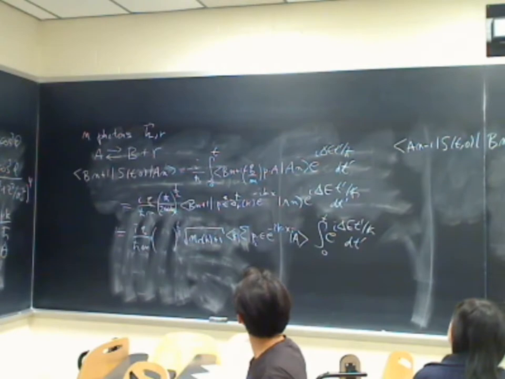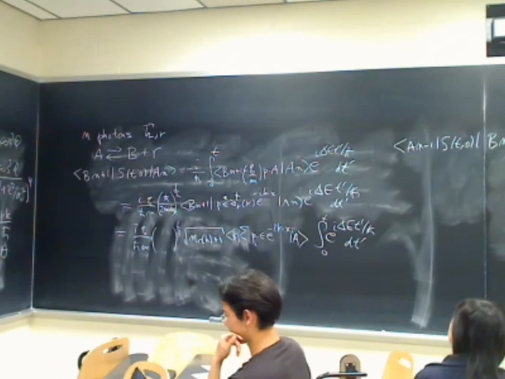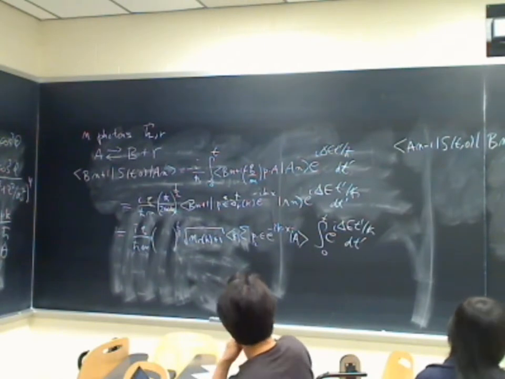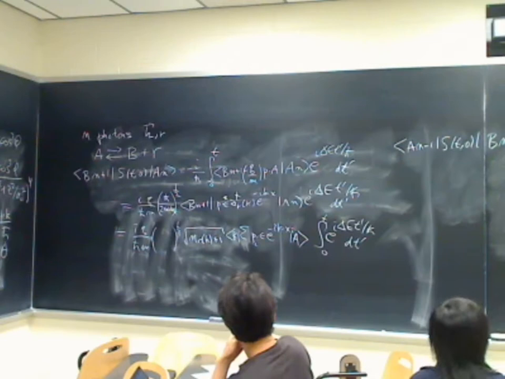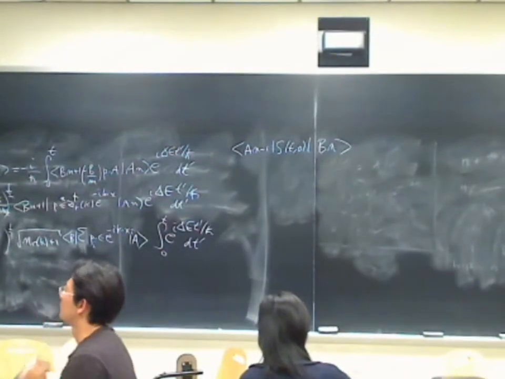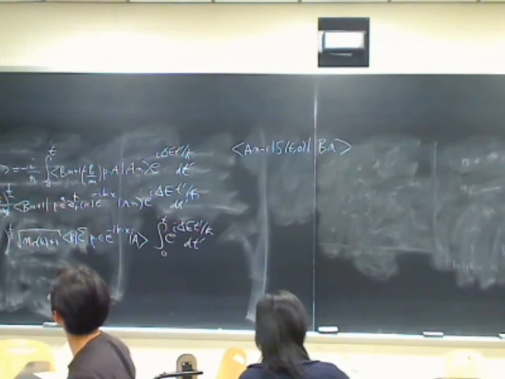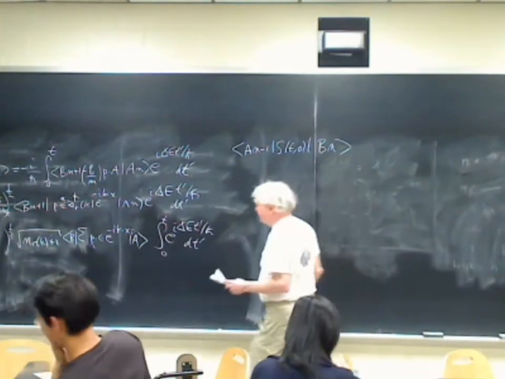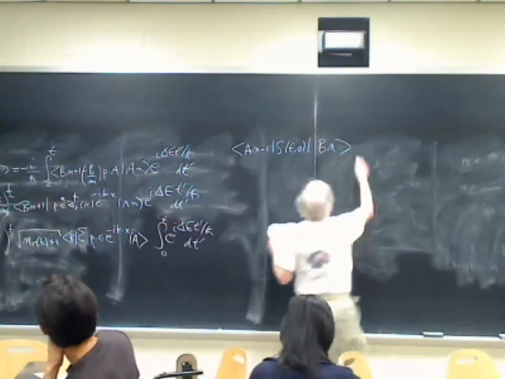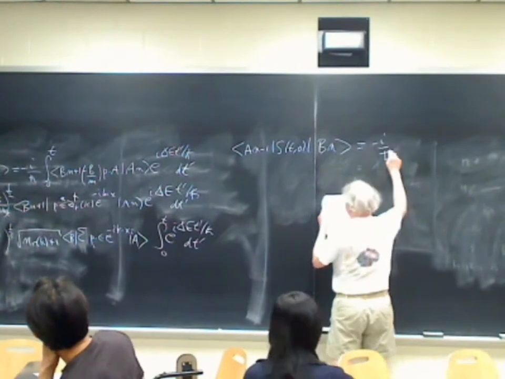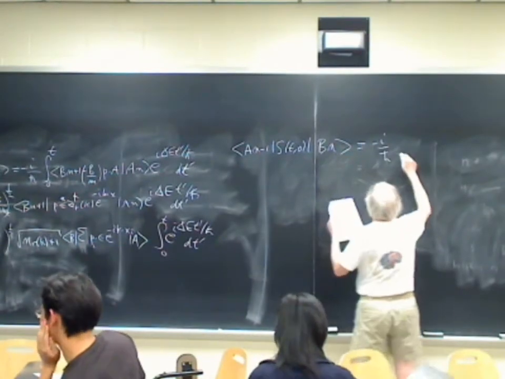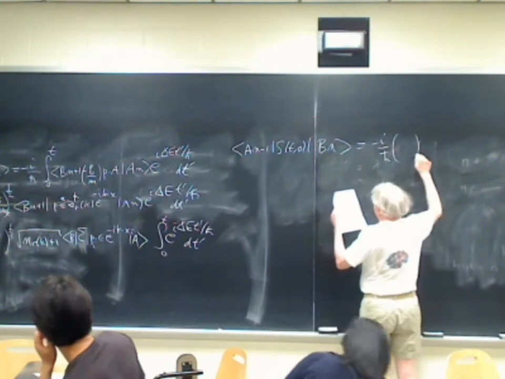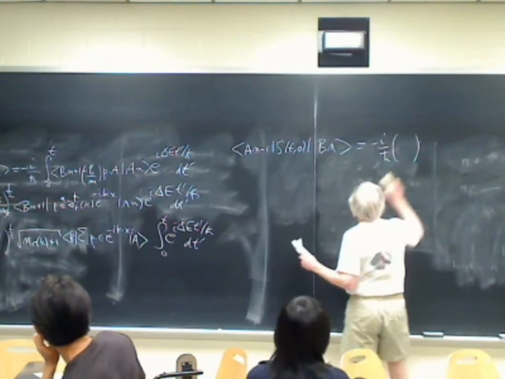All right, well, this is going to be very similar to that. It's going to be minus I over h bar, this big square root, well, let's see, maybe I should go a little bit more slowly.